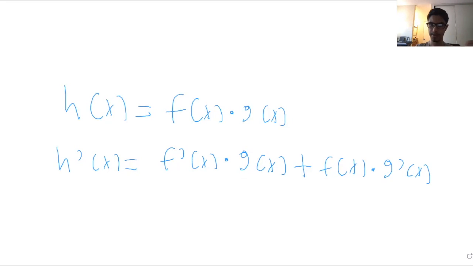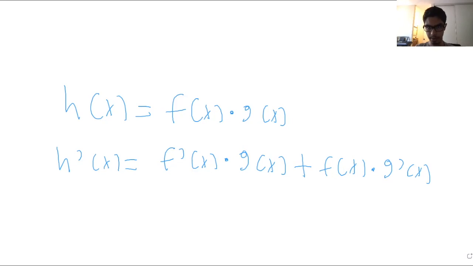And if this is confusing or a little bit complex, this is how I like to think about it. In general, we have to take the derivative of one of the functions. For example, you could write this as g prime of x times f of x, and this could be f prime of x times g of x. So I like to make sure that we're taking the derivative of one of the functions on either side of the addition sign.